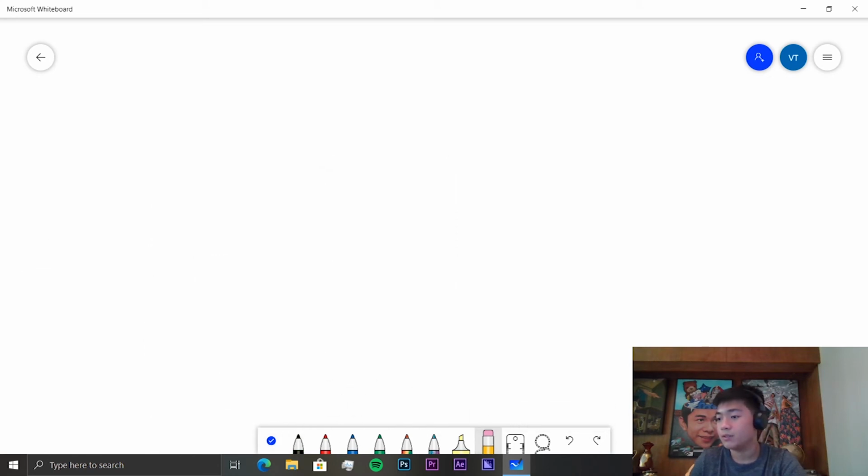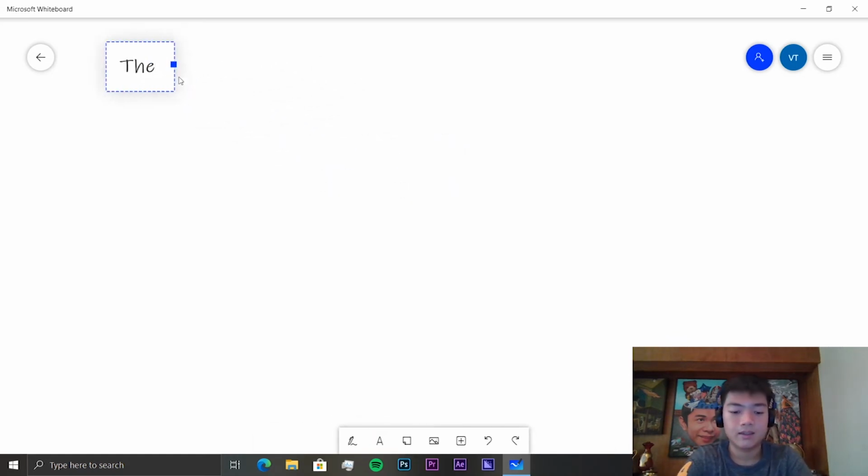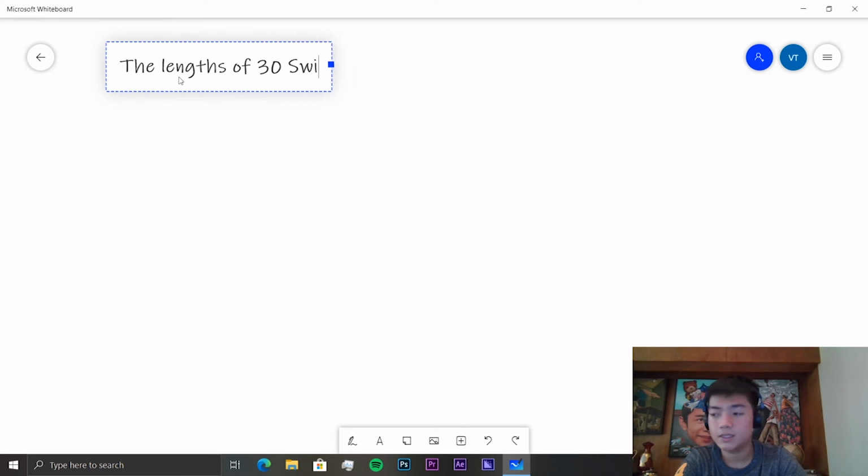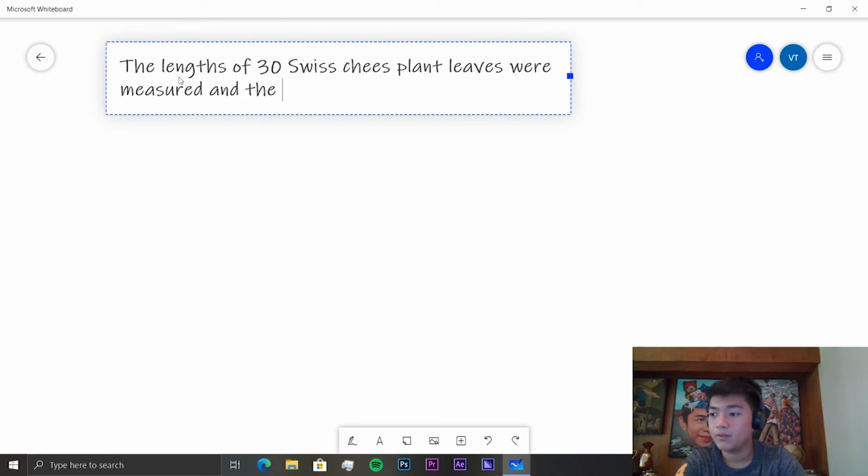For the first question, I'll just do the even ones because they're harder. The question is: the lengths of 30 Swiss cheese plant leaves were measured, and the information grouped as shown.